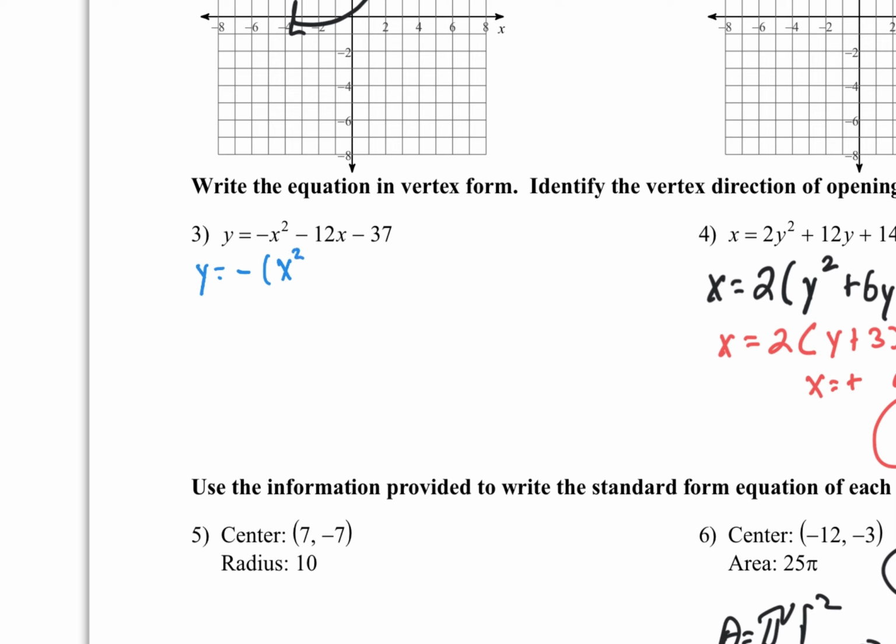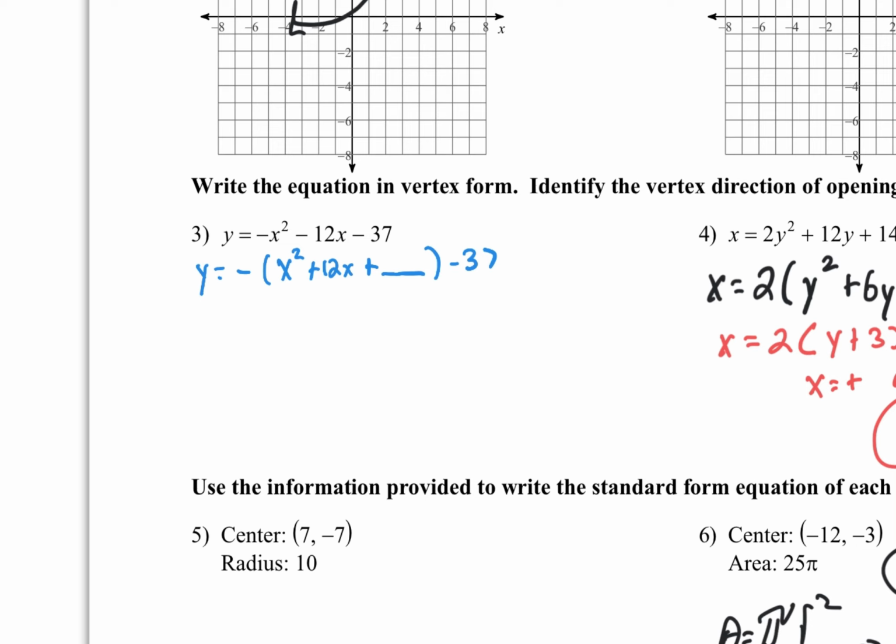But I also have to factor out a negative from negative 12x. So that's going to make it positive 12x. So at this point, I've got my a value and I've got my b value, so we can complete the square. So we're going to put plus something, and then the negative 37 is going to go on the outside of our parentheses because we're completing the square.